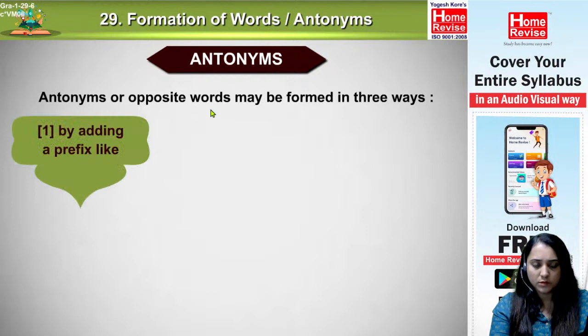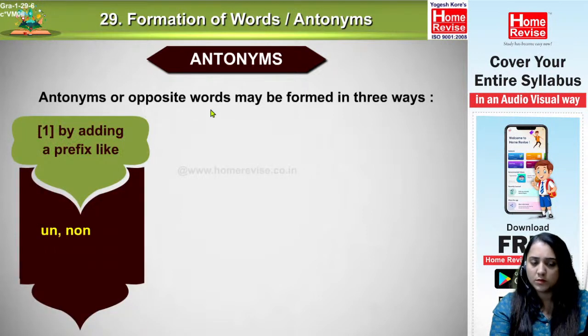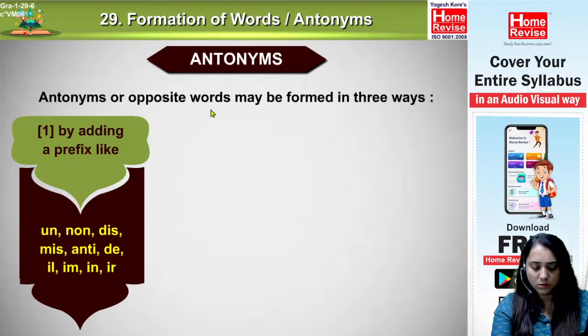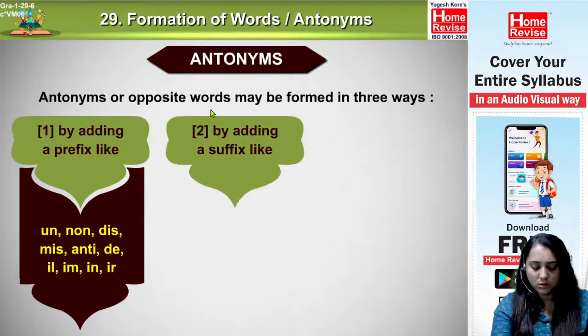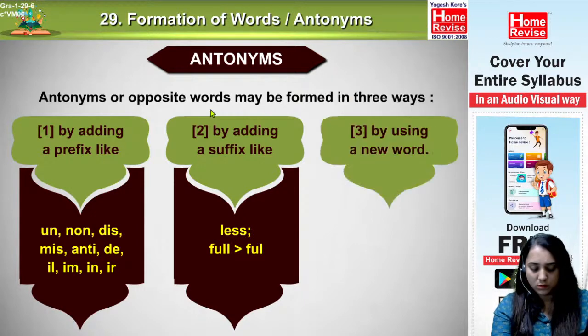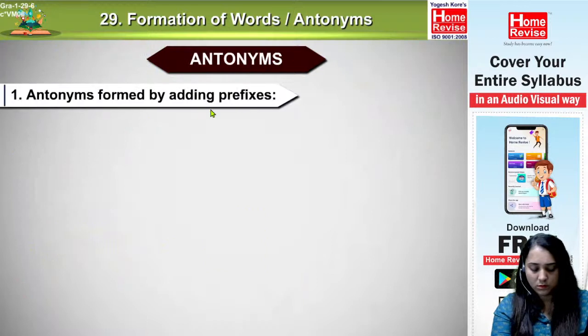By adding a prefix like un, non, dis, mis, anti, de, il, im, in, ir. 2. By adding a suffix like less, or ful. 3. By using a new word. 1. Antonyms formed by adding prefixes.